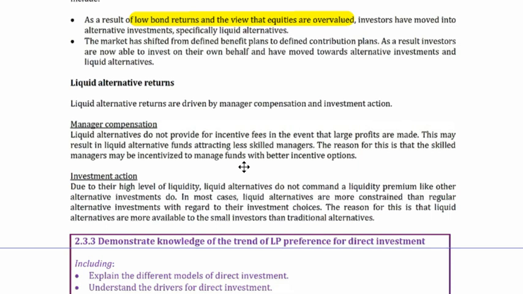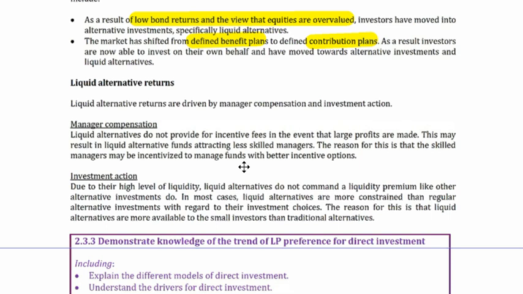The market has also shifted from benefit plans to contribution plans. When you move from a benefit plan to a contribution plan, the risk of that investment now all sits with the investor. Investors are now looking to earn a better return, so they're looking to things like liquid alternatives.